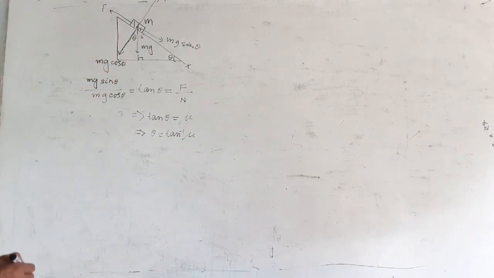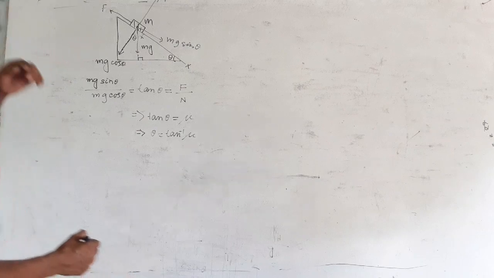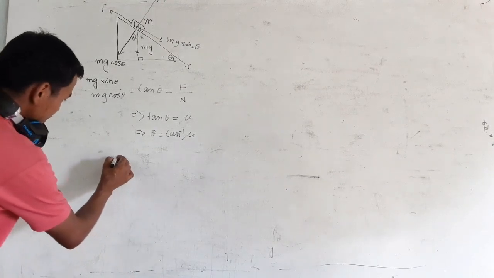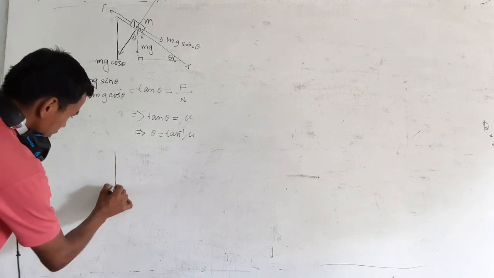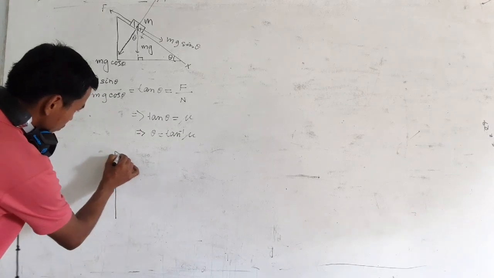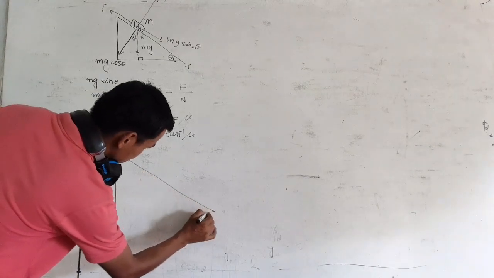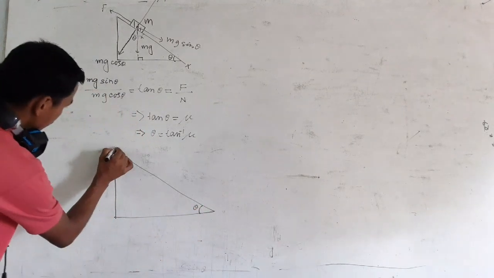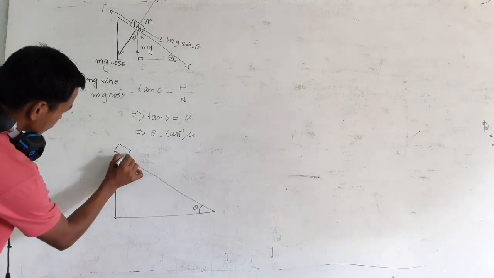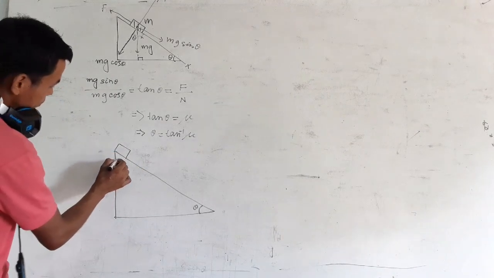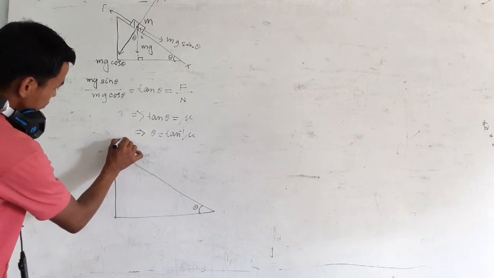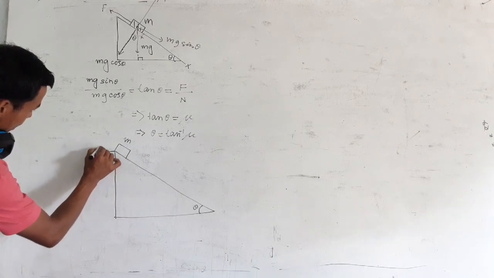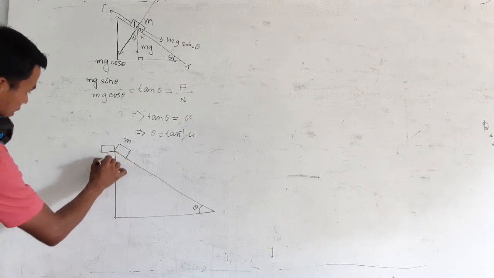This is the first case that I want to discuss. The next case: I'm sliding an object of mass m down an inclined plane making an angle theta with the horizontal, and another block of the same mass from the same height is made to fall vertically downwards.